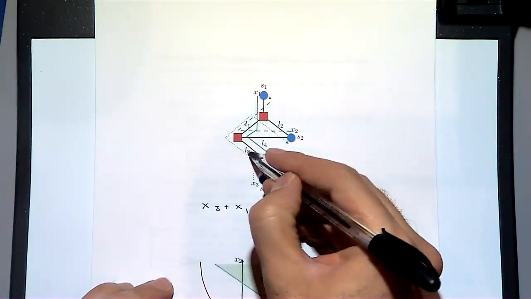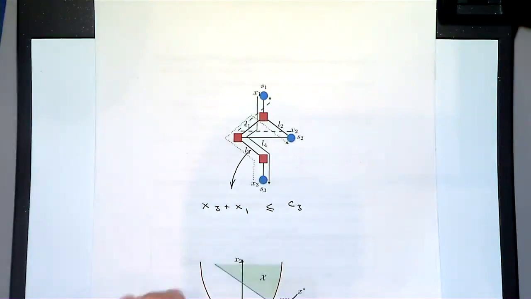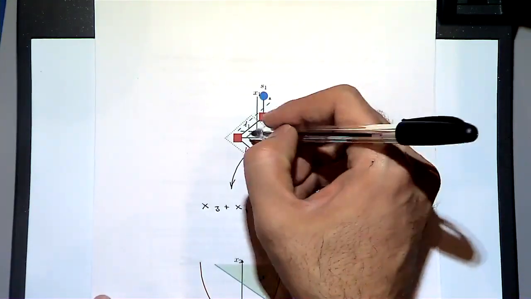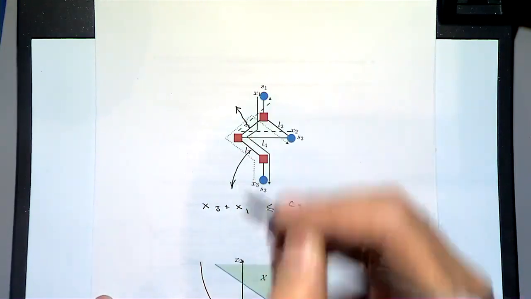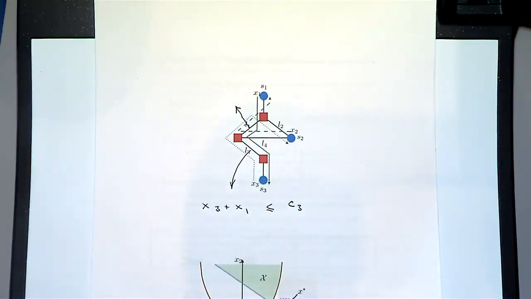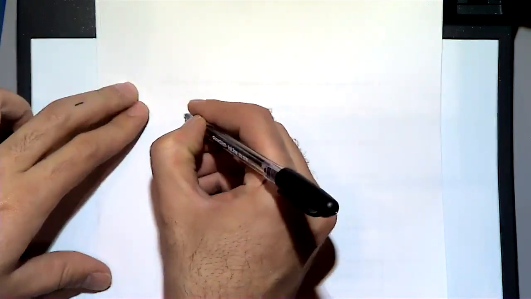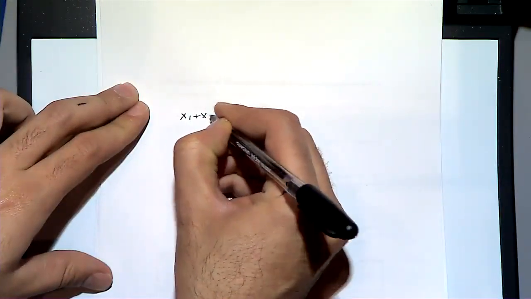So this is this link. What can I write about this link? Exactly, because all the flows will go through that link.